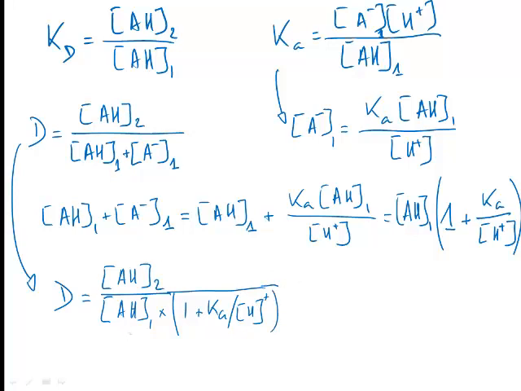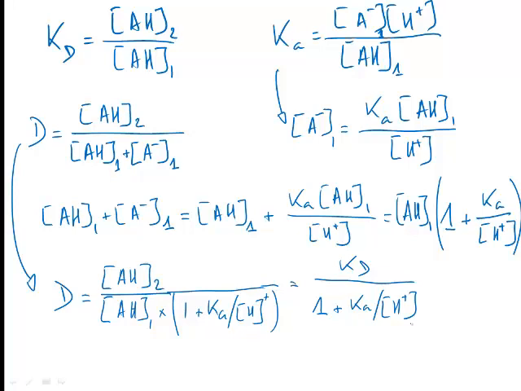Now I can note that this ratio here, AH2 over AH1, is equal to Kd. So we have D equal to Kd over 1 plus Ka divided by H plus.